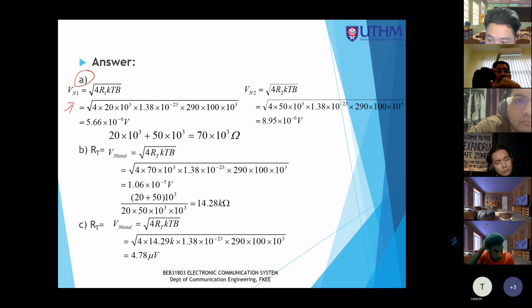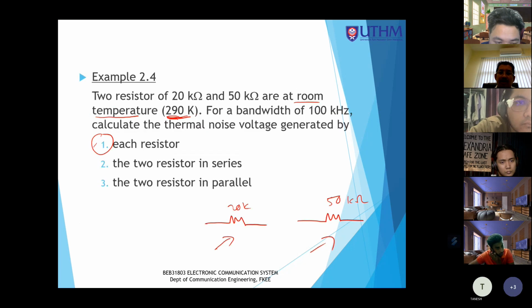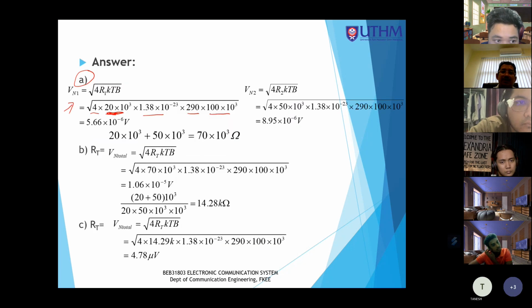So the first resistor, the noise voltage at the first resistor is VN1 equal to square root of 4R1KTB. So 4 times R, the first resistance, 20 kilo ohm, multiplied with K, Boltzmann constant, multiplied with the room temperature, multiplied with the bandwidth, 100 kilohertz, given in the question.